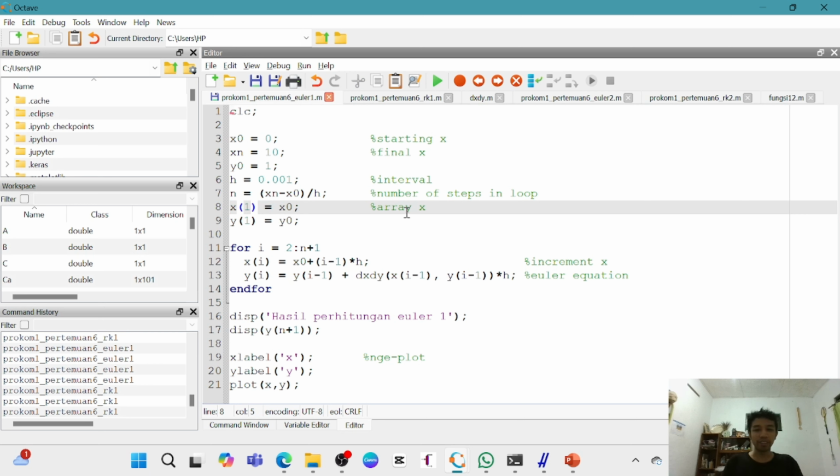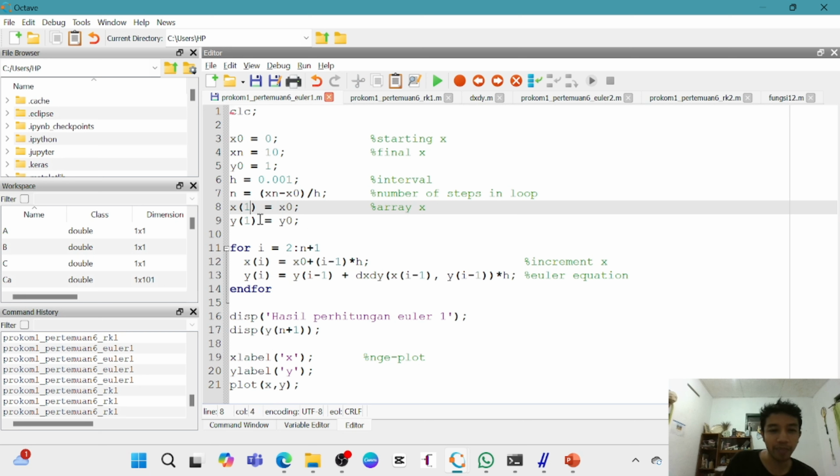If you still remember, when we want to define an array, we add the bracket and inside the bracket we add the number.